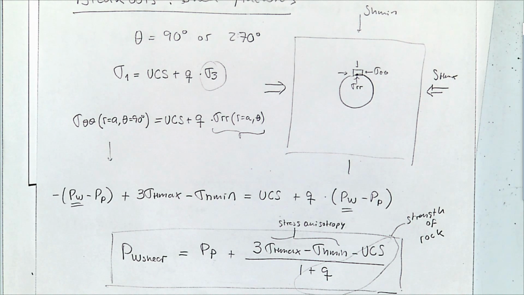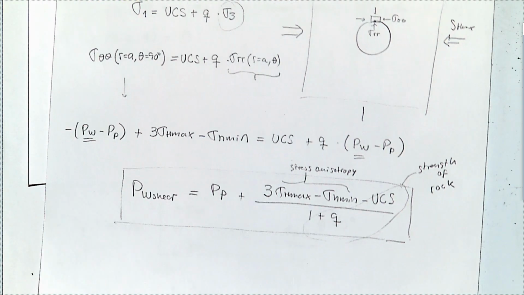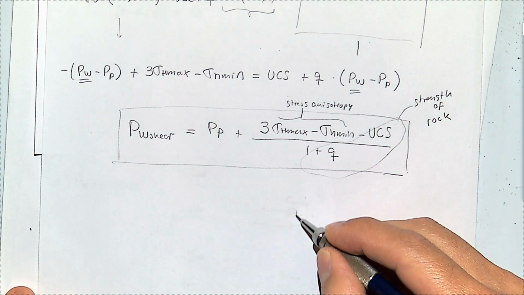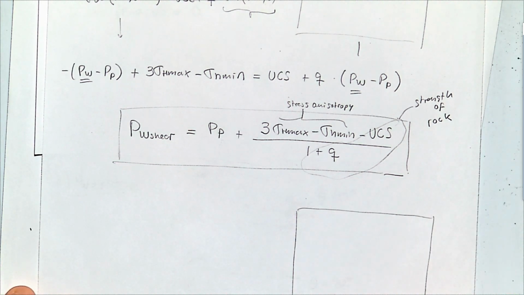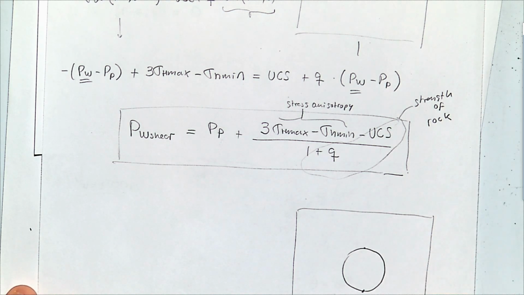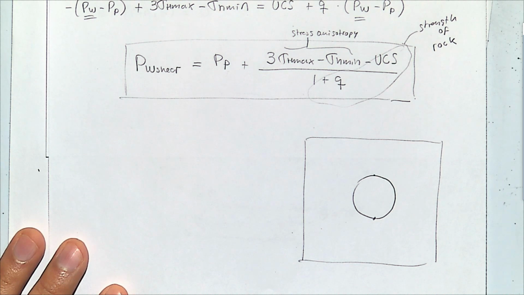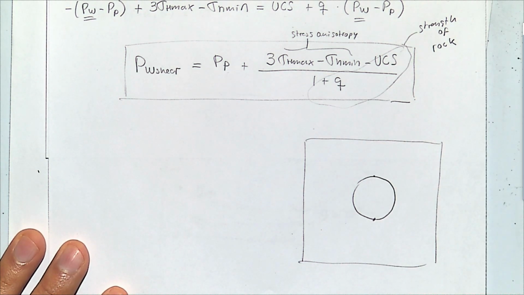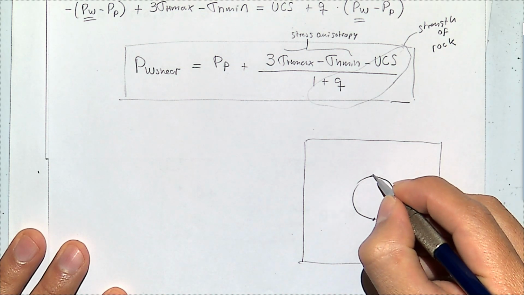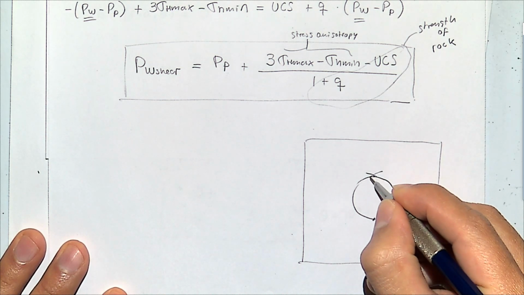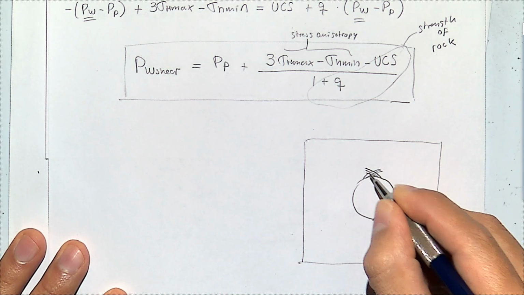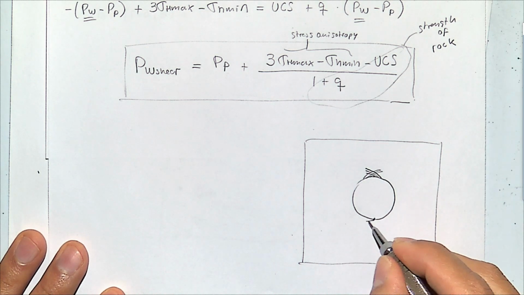So we can also find an equation whenever we have failure around the wellbore, but instead of having a very tiny failure at the wall of the wellbore, we let that failure progress a little bit more, to create some shear fractures, and to grow to some size, same in this direction.